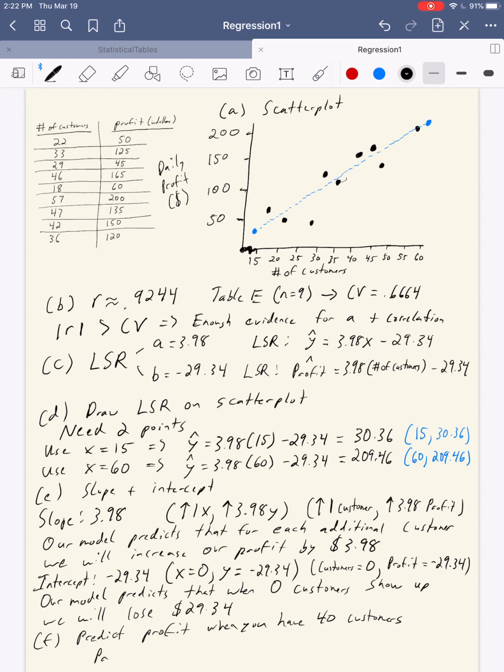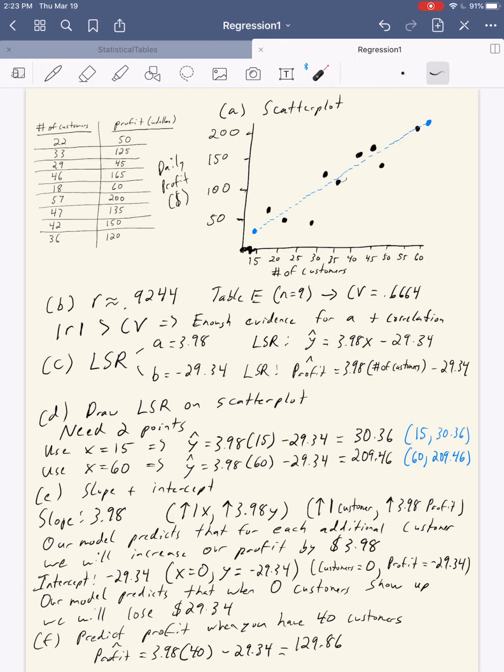So the profit in this case, or the predicted profit, is going to be 3.98 for the number of customers, we know that we have 40 showing up, and then we minus our 29.34. We actually calculate that, so 3.98 times that 40 minus 29.34, and we should get 129.86.